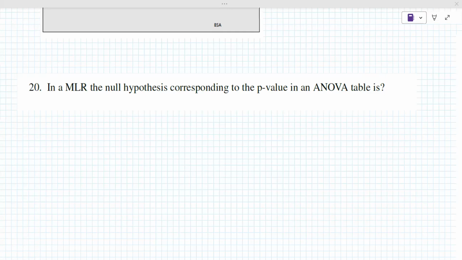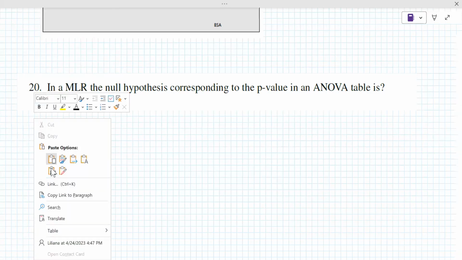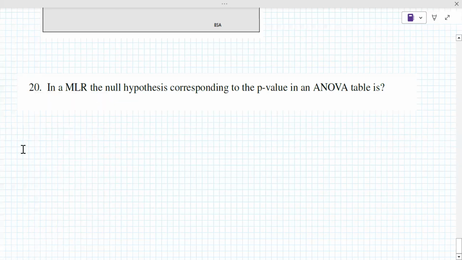So each of those will be 0. And our alternative is not that they all aren't equal to 0, but that at least one of them isn't equal to 0. So if you had 6 B_i's or whatever, just one of them would have to not equal 0 for the alternative to be true.